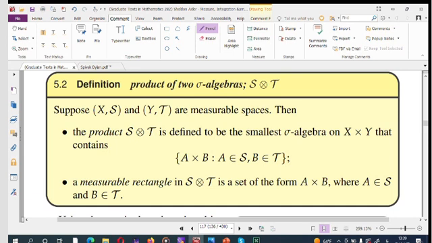These are all rectangles in X multiplied by Y, the smallest sigma algebra generated by this set.